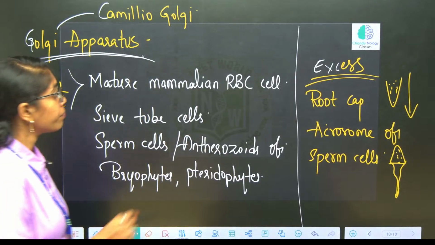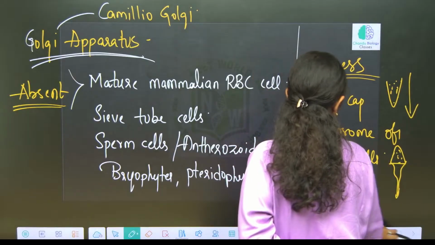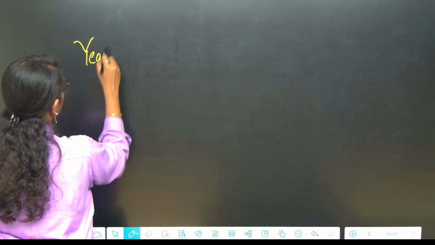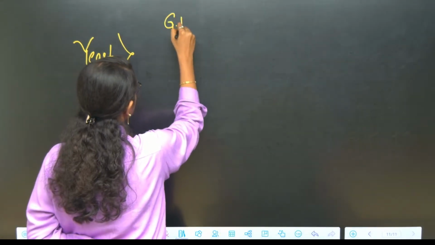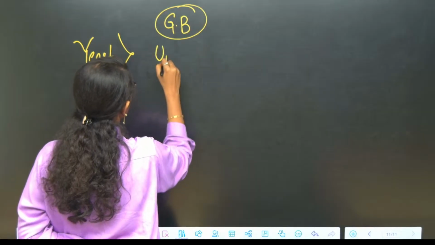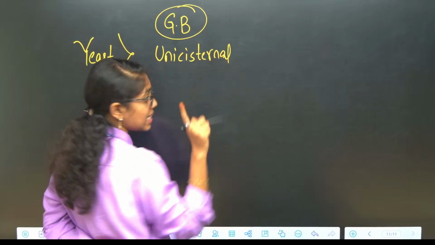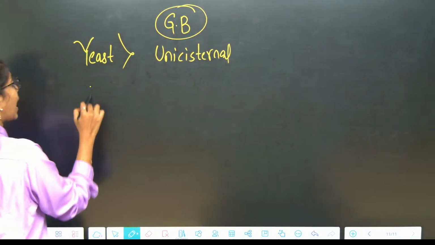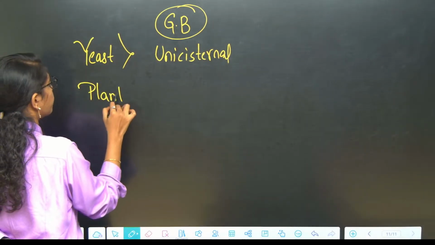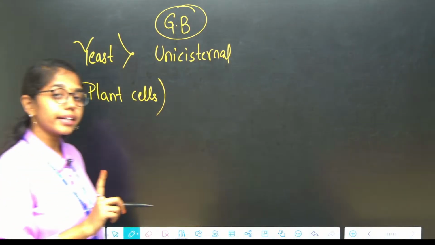Golgi body is unicisternal in yeast. In yeast, Saccharomyces cerevisiae, a unicellular fungus, Golgi bodies are unicisternal, that means it has a single cisterna. And in plant cells, cisternae are not connected to each other.